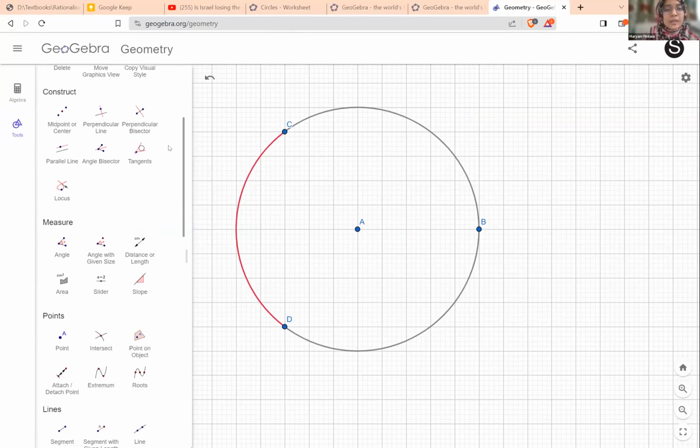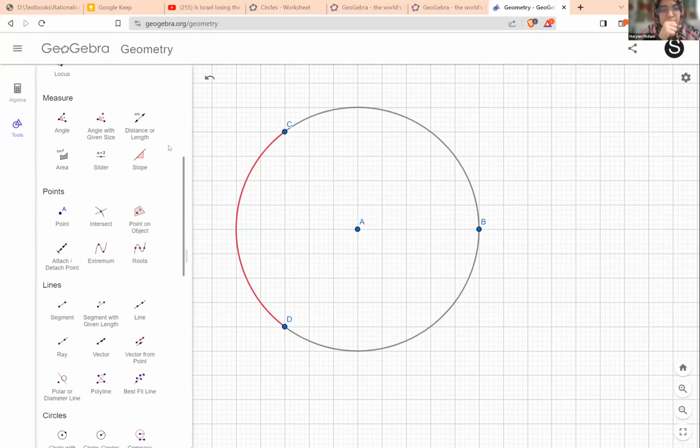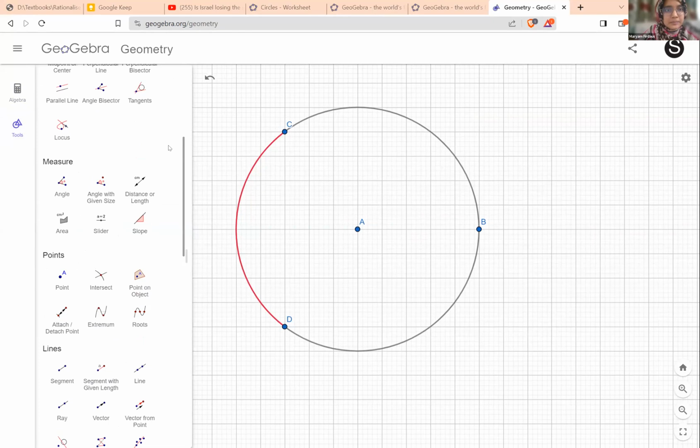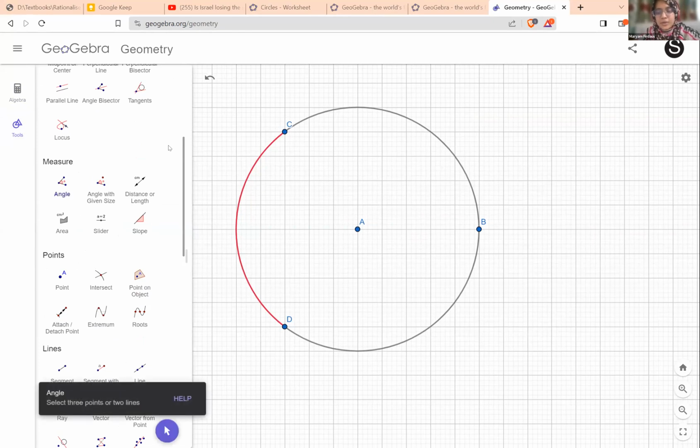The center, what is the name of the center over here? Who will tell me? What is the name of the center? Quickly. A. A. Good.